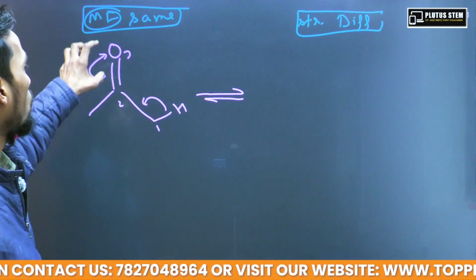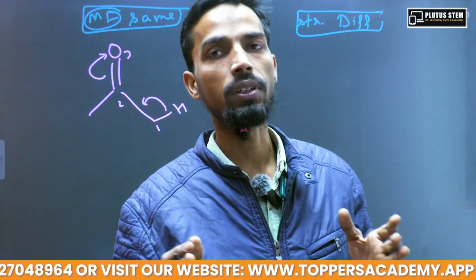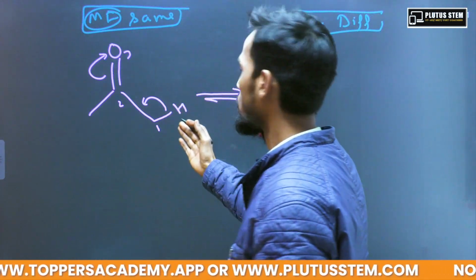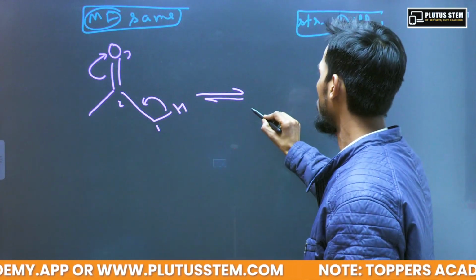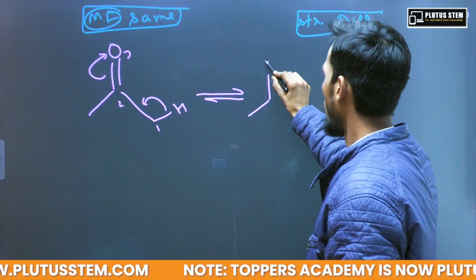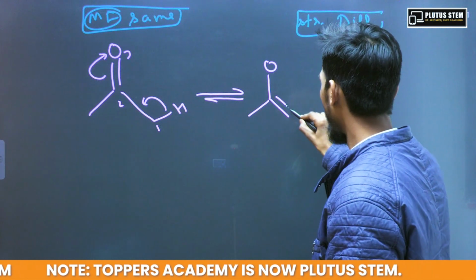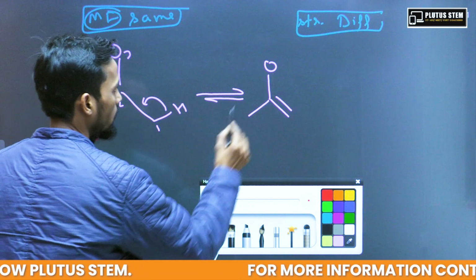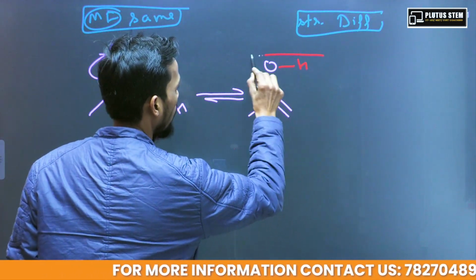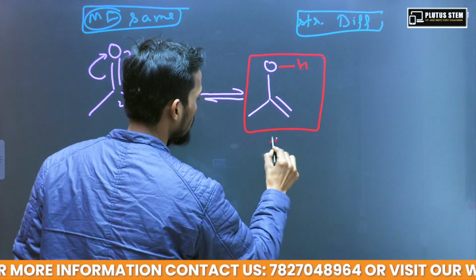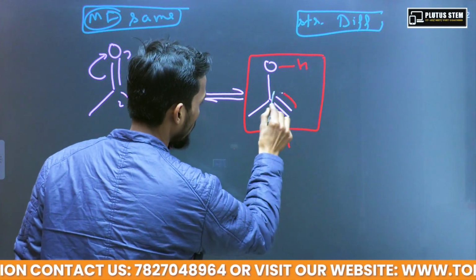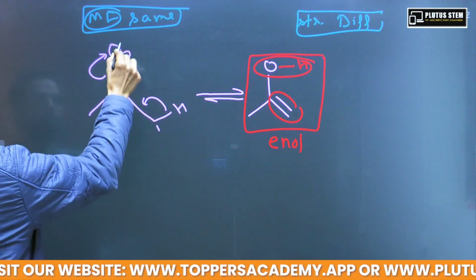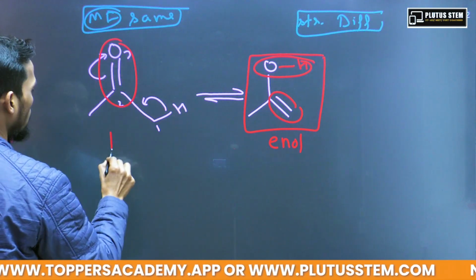From one position to three position, the movement or oscillation of this hydrogen from one position to the third position, like this. Over here a double bond forms, and this hydrogen is now at this position.